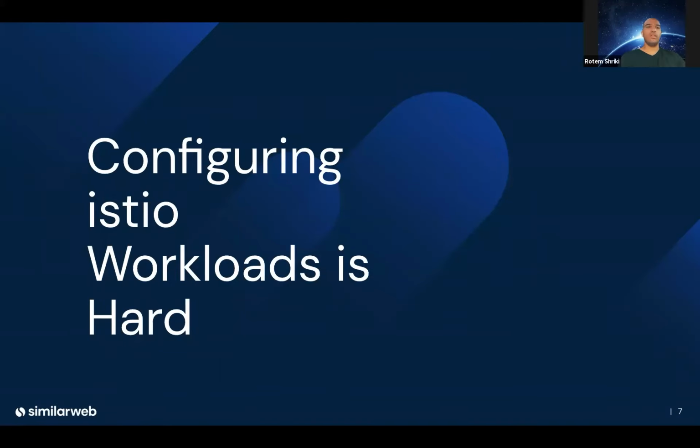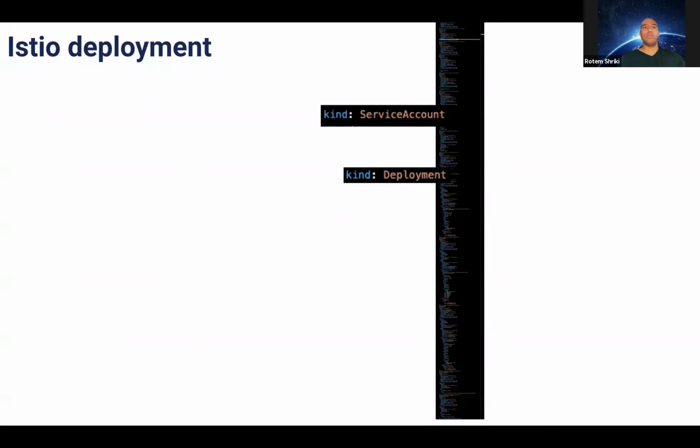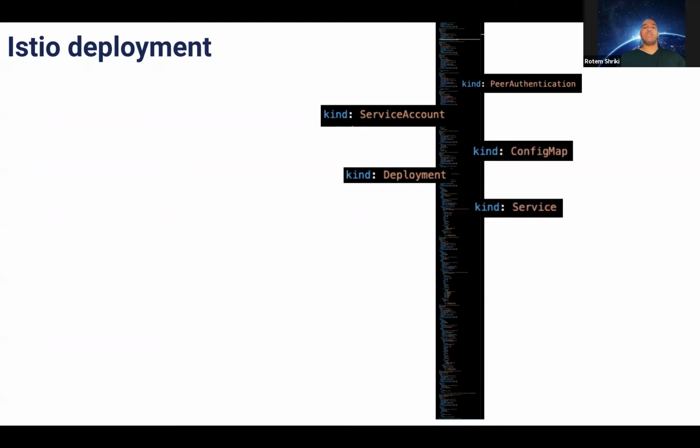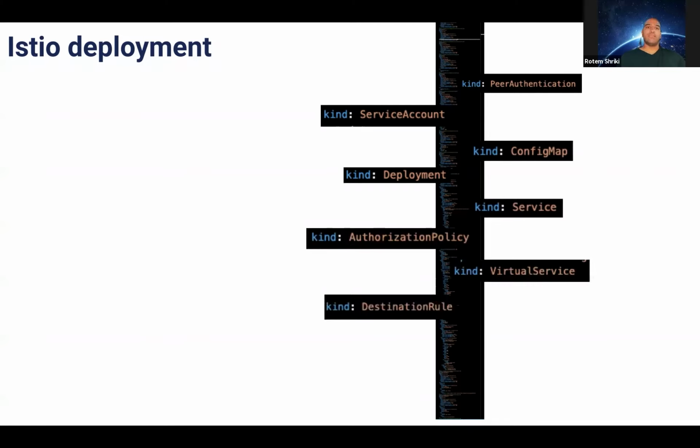So configuring an Istio workload is hard. When you want to configure an Istio workload, you have a lot of stuff you need to configure, such as service account, deployment, authorization, config map, service, authorization policy, virtual service, destination rules, Envoy filter.